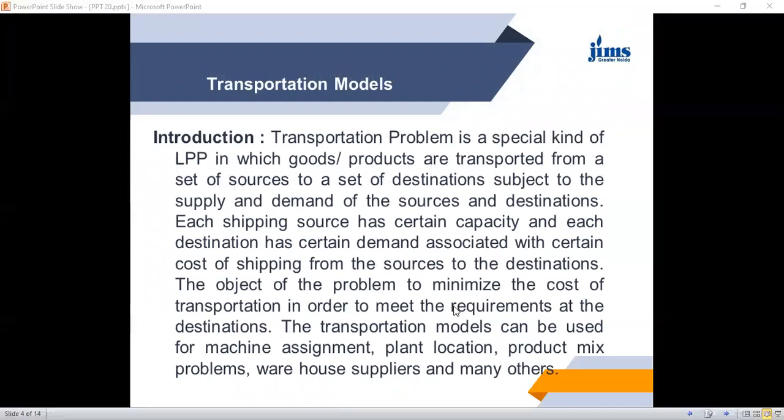So in this kind of problem, or in this transportation model, goods and products are transported from a set of sources to another set of destinations, subject to the supply and demand of the sources and destinations. It means every source has a supply constant and every destination has a demand constant.